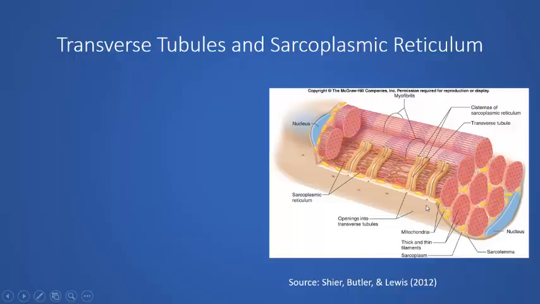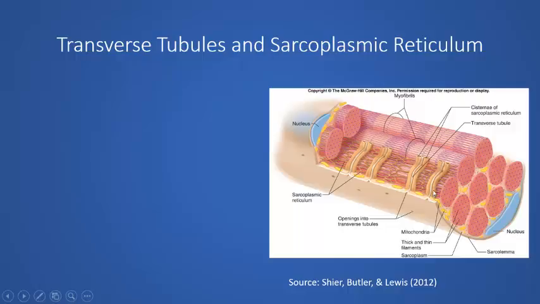The beige line is representative of the transverse tubule, that moves from the surface of the muscle cell deep into the muscle cell amongst the myofibrils.